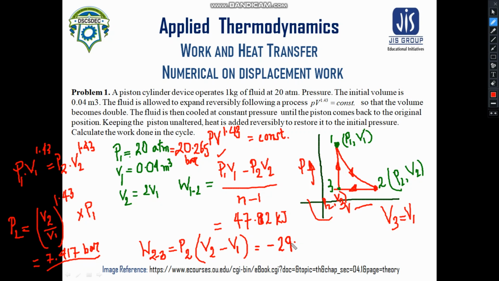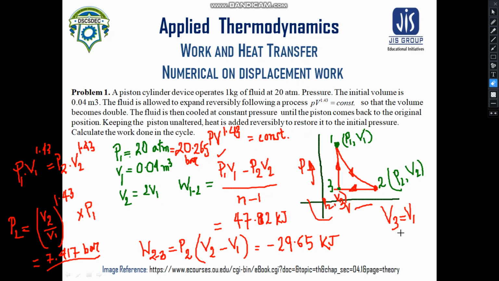That means what happens here? The surroundings is doing work on the system. If we consider the fluid as our system, which we have, that means the piston is doing some kind of work on this fluid, which measures to be minus 29.65.